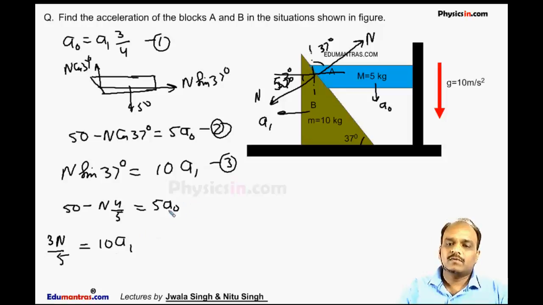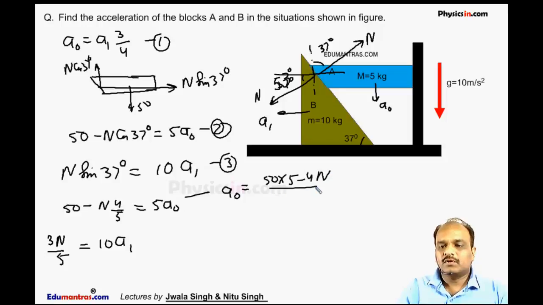Now from here we can say a naught is equal to (250 minus 4n) divided by 25. In the same way, a1 is equal to 3n by 50.